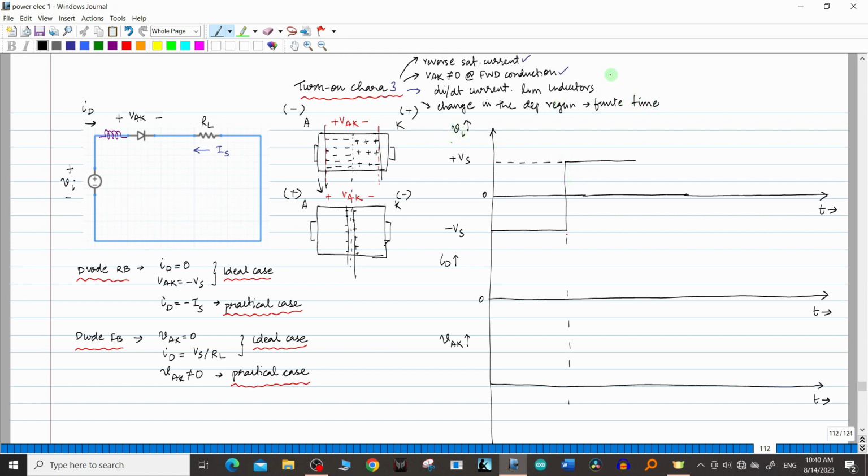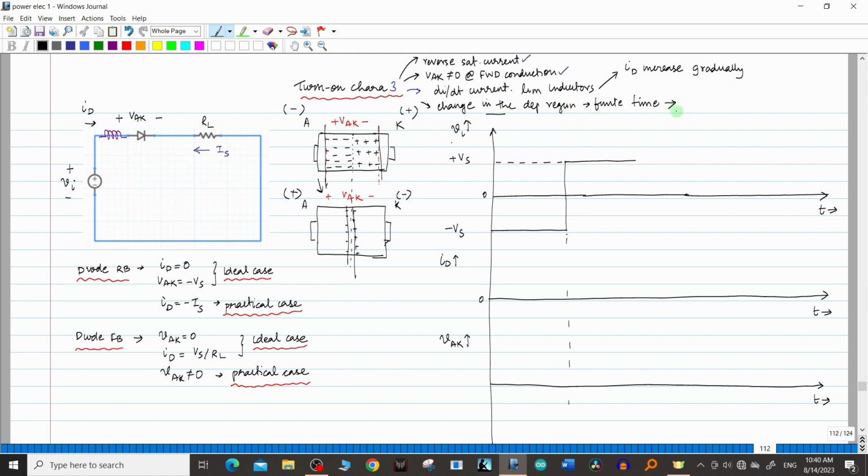Now, the impact of di/dt inductors: what does an inductor do? The inductor does not allow sudden changes in current. It only allows the current to increase gradually, right? So ID can increase gradually, and the change in the depletion region takes finite time.